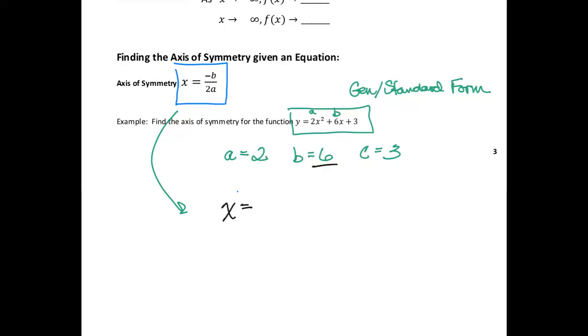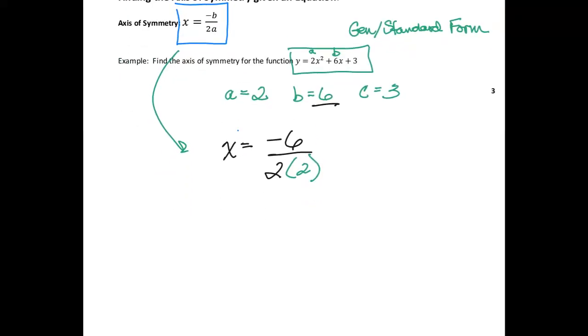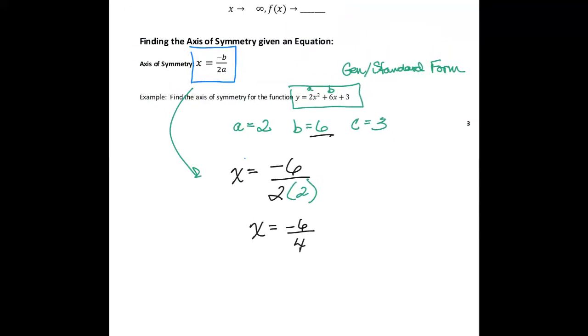Well, if b is 6, the opposite of b is going to be negative 6, divided by 2 times my a value of 2. So as I simplify this, I get x equals -6 divided by 4. That is your axis of symmetry.